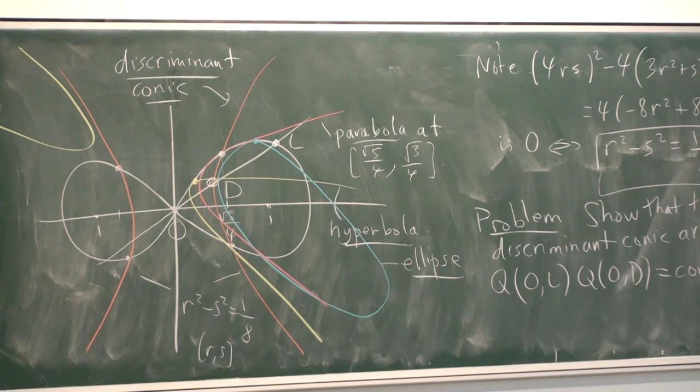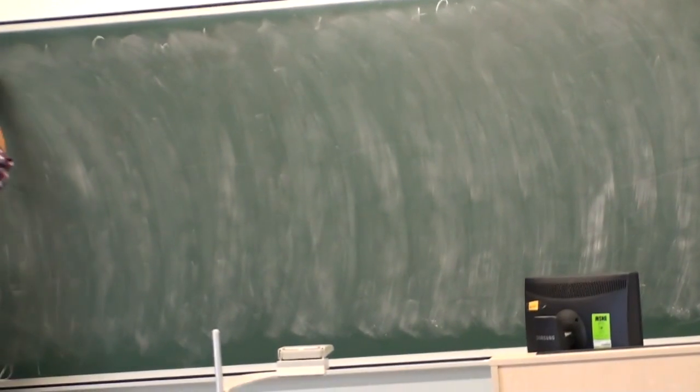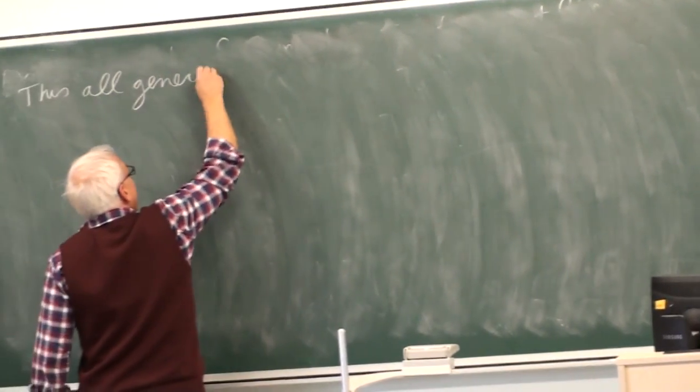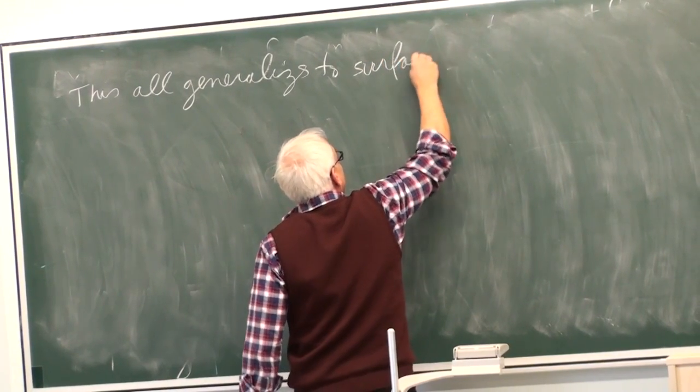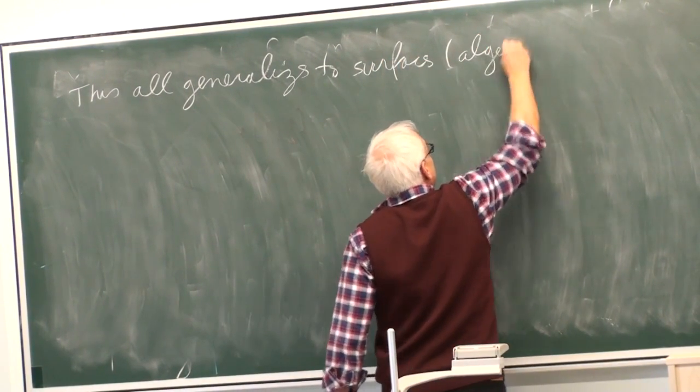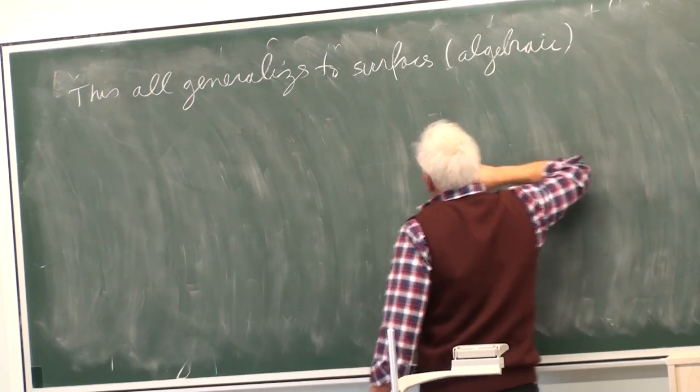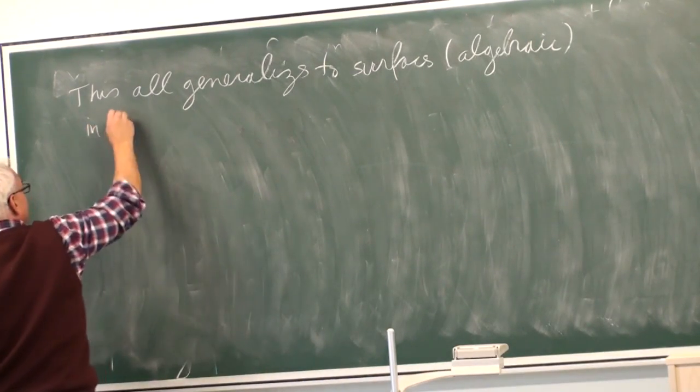Moreover, what we're going to be mostly concerned with in this course is not actually curves, but surfaces. And the whole story just translates verbatim to surfaces, really. So this all generalizes in the most natural way to algebraic surfaces in three-dimensional space.